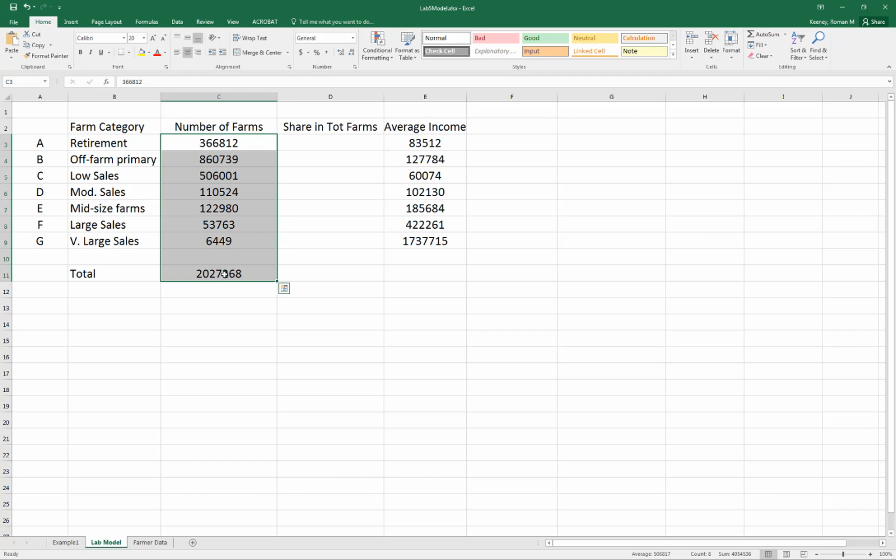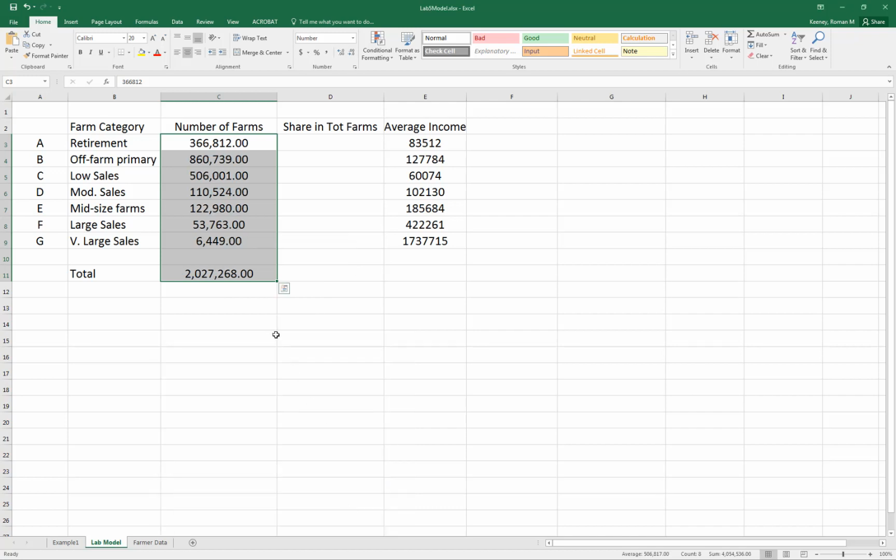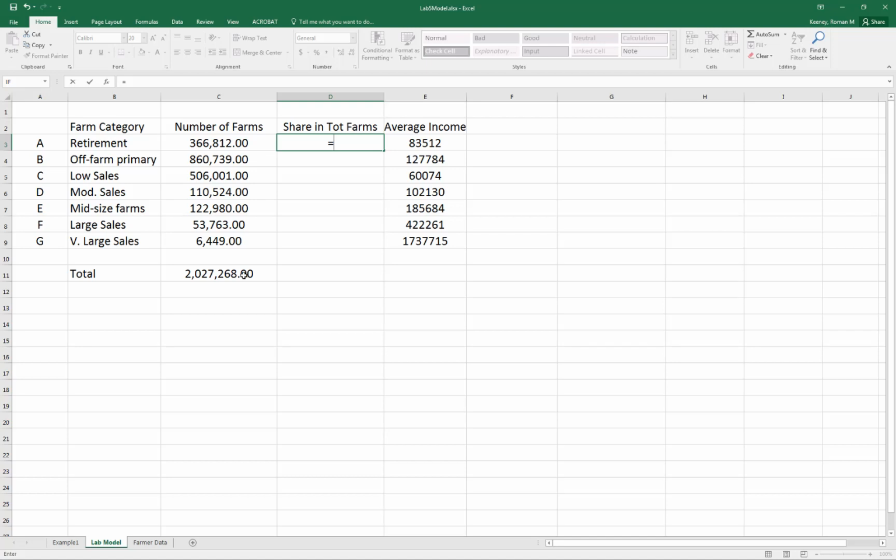If you like, you can change this to have 1,000 separators. Sometimes I do. And then, of course, the easiest thing to do once you've calculated the total is to find out what the share is. We'll just do a straight division: the number of farms in a category, the division sign, and then choose the total.